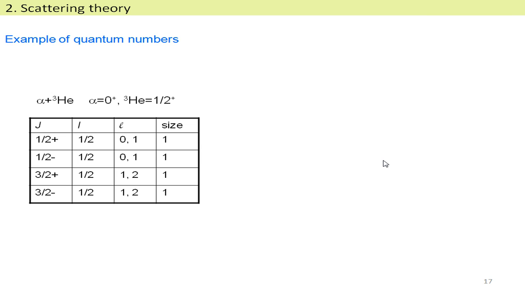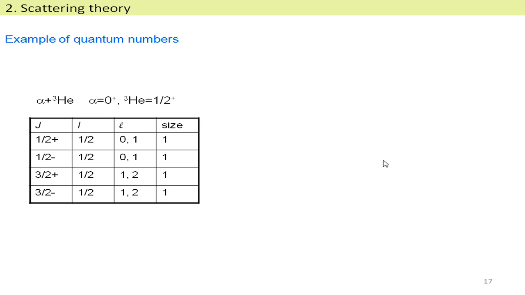And you have an example here with alpha plus helium-3. We know that the spin of the alpha is 0 plus. Spin of helium-3 is 1/2 plus. So here you have the different J values. The channel spin is the coupling of 0 and 1/2, so it's always 1/2. Now if you look at the possible L values, if you couple these two, you can get 0 or 1.